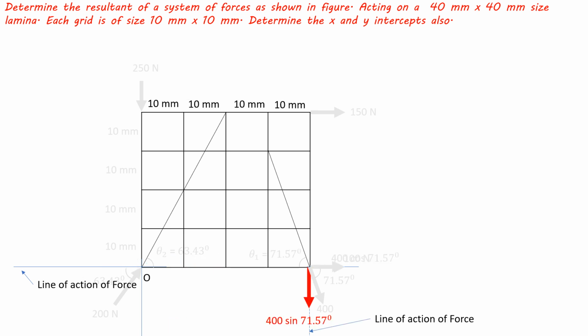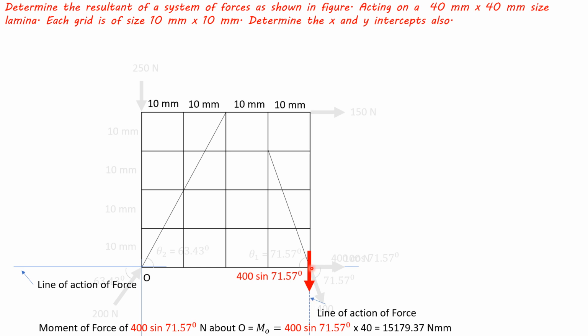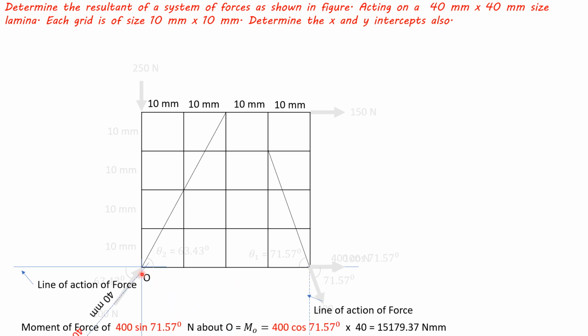Now for this force, line of action of force is like this, and it will have perpendicular distance of this much, that is 4 grids, that is 40 mm. So it will rotate about point O like this clockwise. So it will have moment of magnitude 400 sin 71.57 into 40.